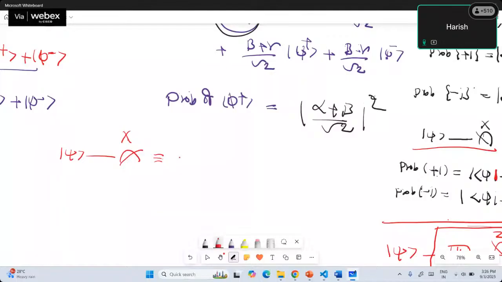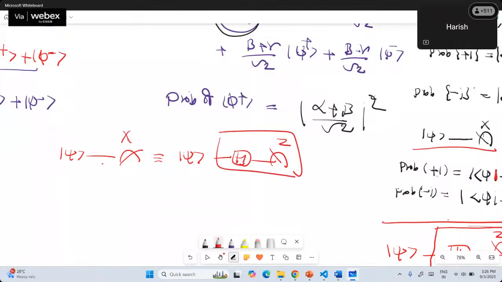It can be implemented by putting a Hadamard and then Z measurement. So X measurement on psi is as good as Hadamard and then Z measurement. So with Z basis measurement, we can do X measurement also. We simply need to put a Hadamard gate before it.